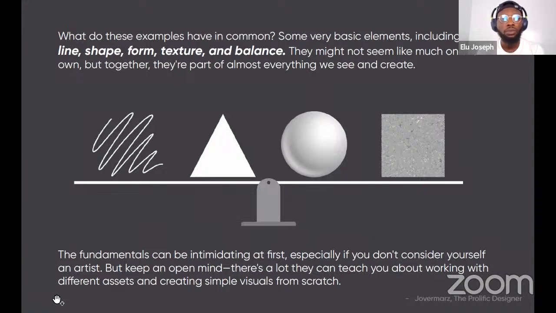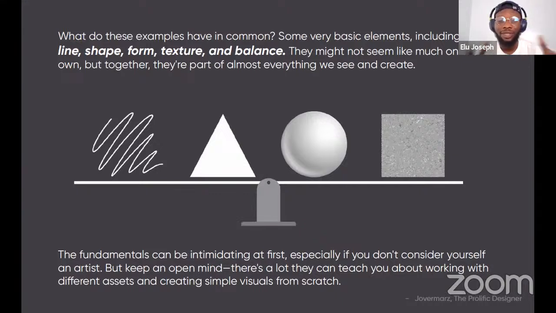So we mentioned line, shape, form, texture, and balance. And I explained how they all come into play. How a shape is just a shape. And if you add form, it gives it an idea.